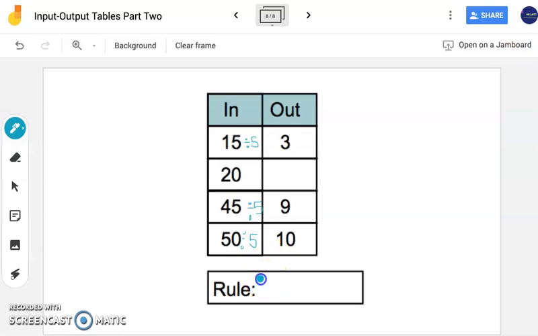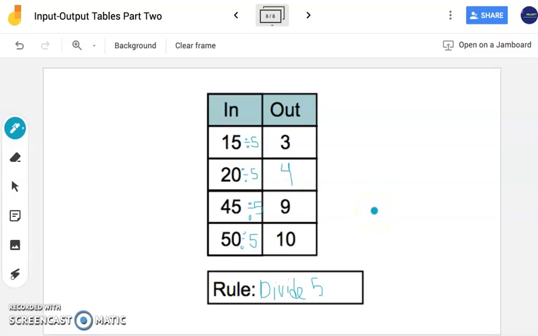So it looks like my rule here is divide by 5. Now I'm dividing by 5 for every single input value. So now to find my missing output value, I'm going to also do 20 divided by 5, which gives me that missing value of 4.